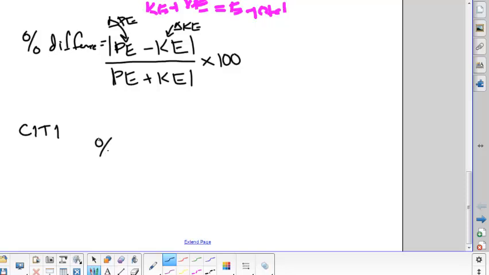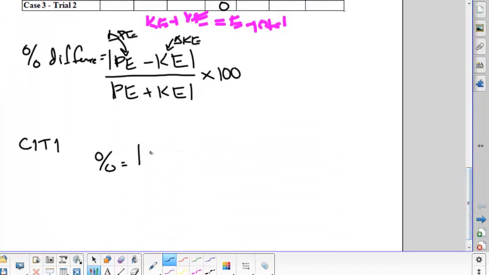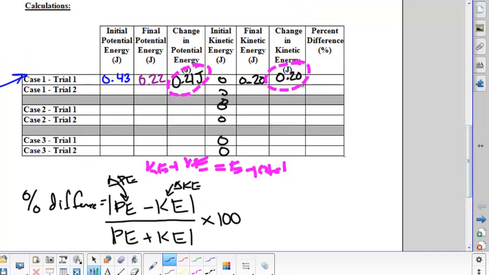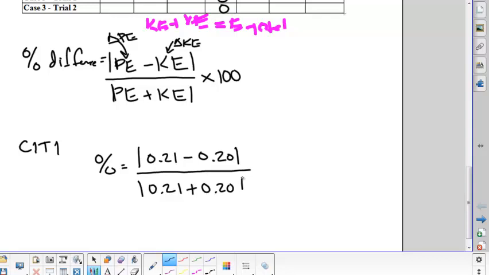Okay, percent equals change in potential energy, 0.21, minus change in kinetic energy, 0.20, divided by change in potential energy plus change in kinetic, times 100.